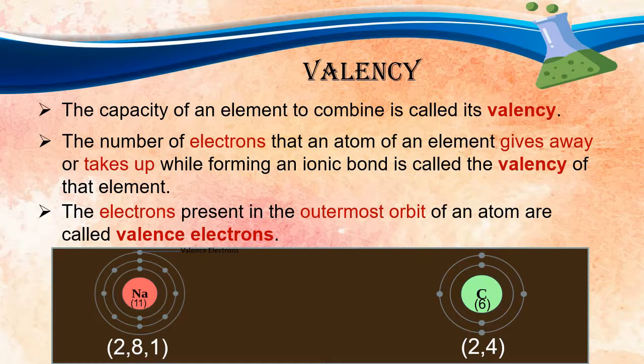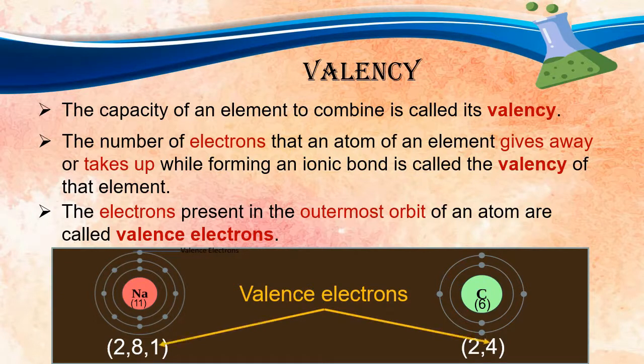Sodium has 1 electron in its outermost orbit and carbon has 4 electrons in its outermost orbit. Therefore, we can say that sodium has one valence electron while carbon has 4 valence electrons.